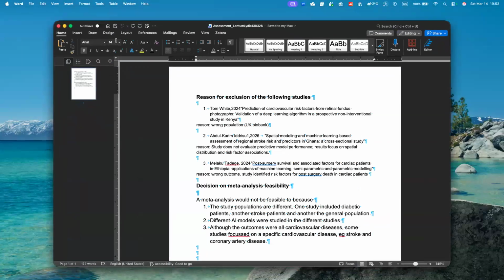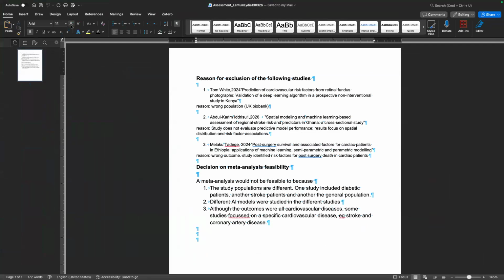The populations were different. Some were diabetic patients, others stroke patients, and the other one the general population. And they did not have the same AI models being assessed in the various studies. On that basis, I could say that a meta-analysis will not be very suitable for the study.